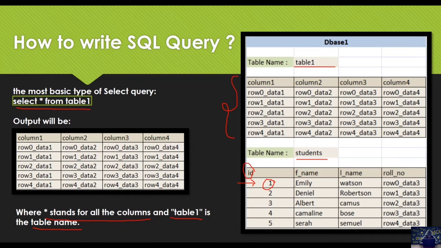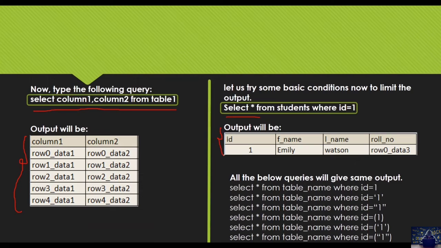So it will select everything that is with ID 1 and it will give us this output. In place of 1, I can also use the following. It will give me the same result. All these queries below will give the same result, even if I use a dash, inverted comma, bracket, dash with inverted comma, and inverted comma bracket.